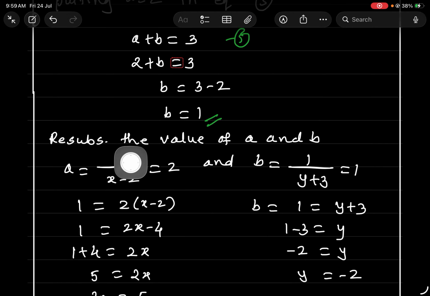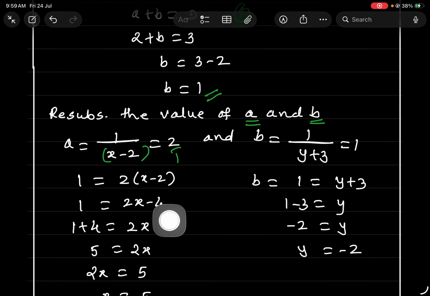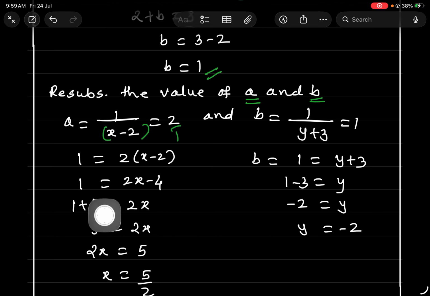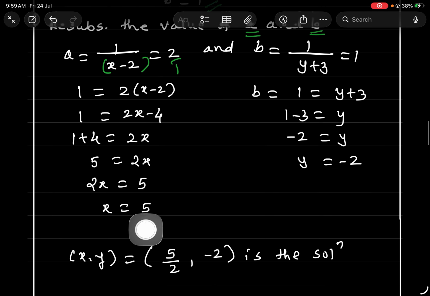So now again resubstitute the values of a and b we got. a equal to 1 upon x minus 2, and a equal to 2, so this equation we will get again. What we have to do is cross multiplication. So 1 equal to 2 into bracket x minus 2, so 1 as it is, 2 into x is 2x, minus 4, so minus 4 will transpose this side and become plus, so 5 equal to 2x, 2x equal to 5, x equal to 5 upon 2.